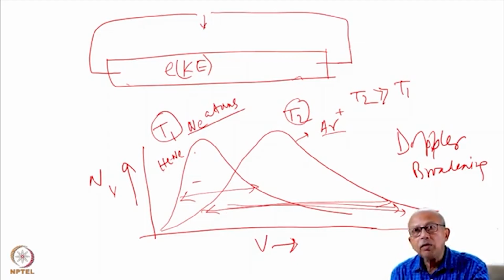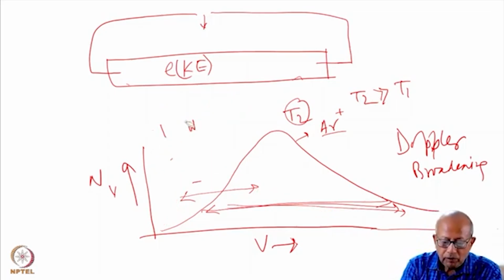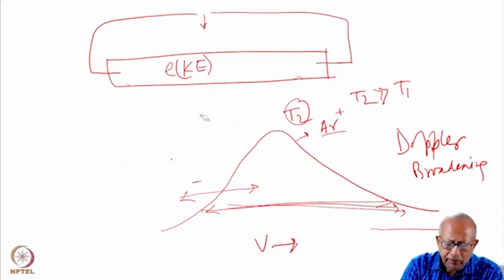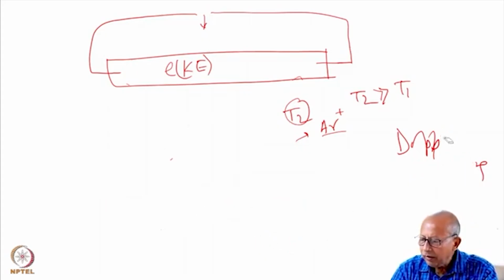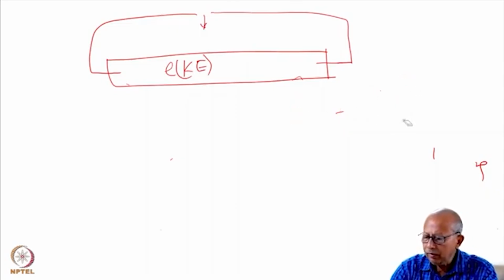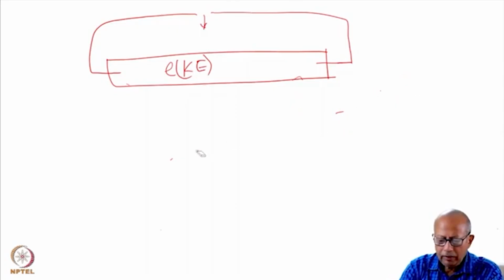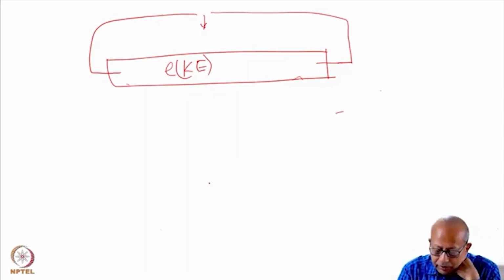I have already explained Doppler broadening in the context of helium-neon laser. As a matter of fact, the Doppler broadening for a typical helium-neon laser, that is gain broadening due to Doppler effect, for a helium-neon laser is 1.5 gigahertz.